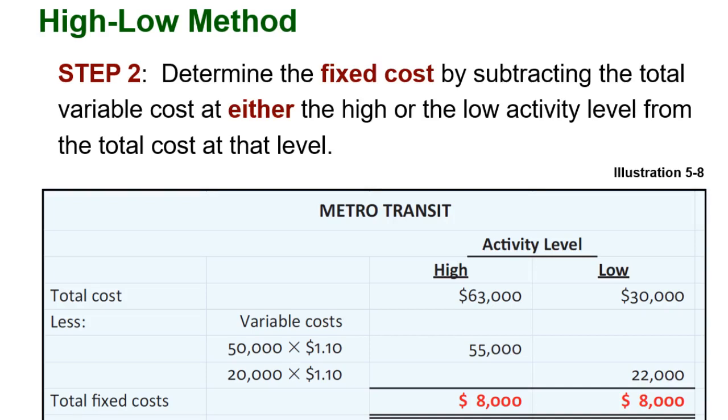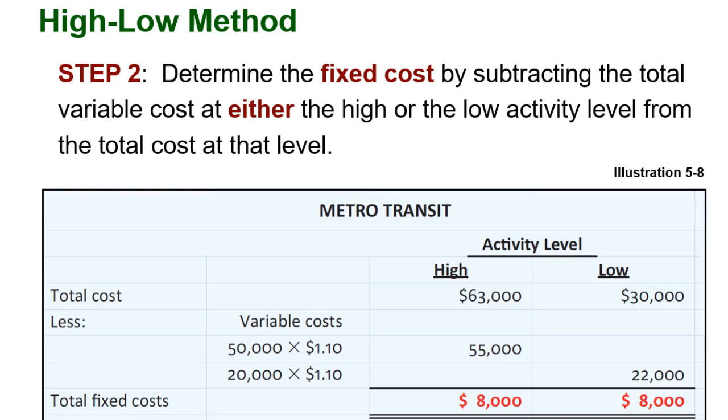So we go back to the high level. The total cost, which is 63,000, is partly variable and partly fixed. Let's figure out the variable portion. At 63,000, they traveled 50,000 miles, so the variable portion of that 63,000 is 50,000 times $1.10, or 55,000.